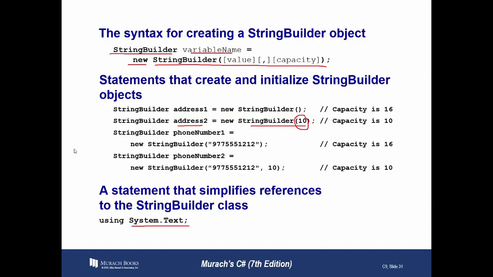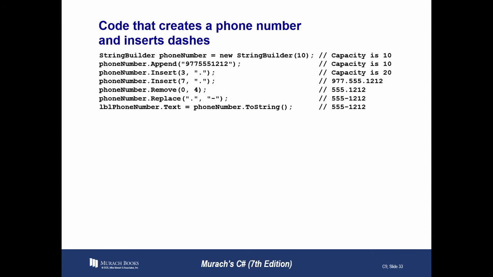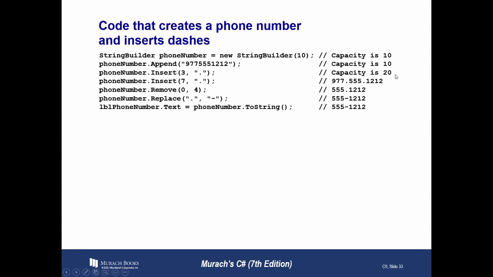So I guess really, we go and look here on the next slide, and we've got sort of examples of the StringBuilder class, but let's go see what we've got here. And what we're seeing is the code that creates a phone number and inserts dashes. Okay, so remember what I said, it's kind of overwriting the string, right? And if you look at what's a good example here, we've got, let's say 10. We've created 10 here. And what can I do with this?